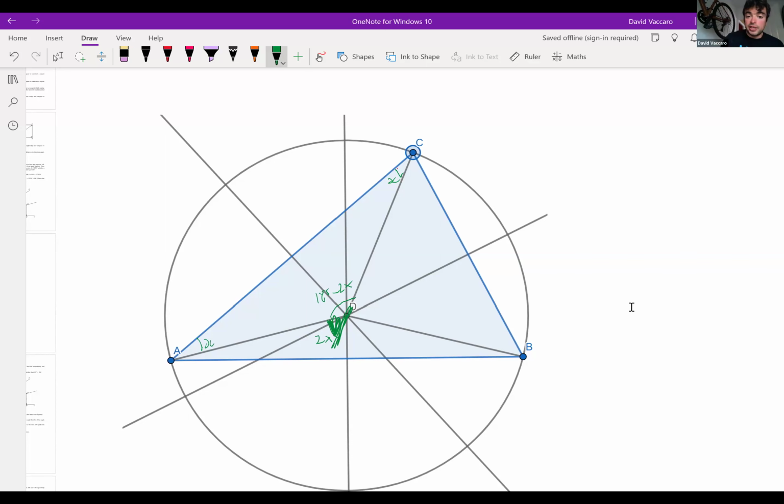By very similar geometry, if this angle here was y, looking at this isosceles triangle tells me that this angle is also y, which tells me that this angle is 180 minus 2y, which then tells me that this angle is 2y. So the green and the red angle together is 2x plus 2y, but that's just double this x plus y up here. Okay, but that's a standard circle theorem.